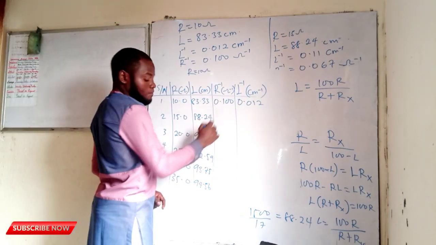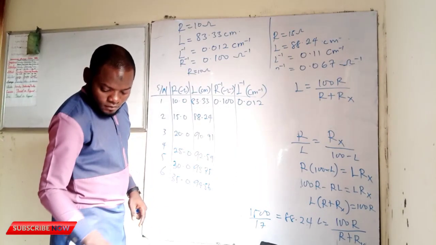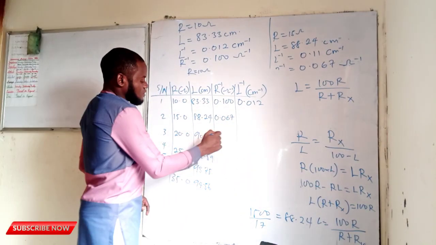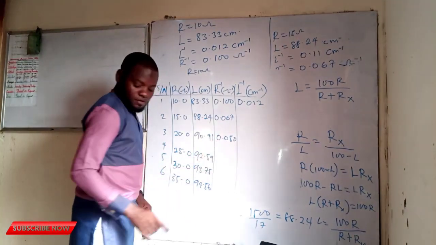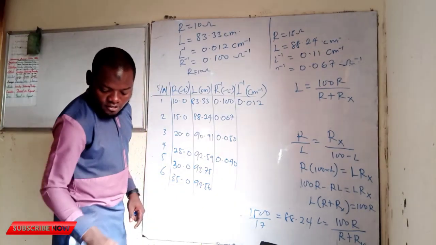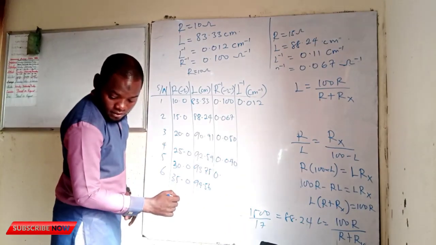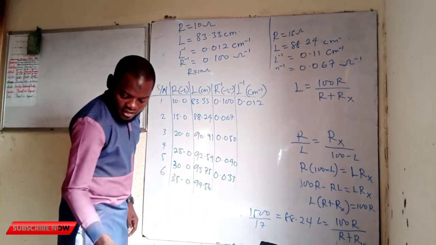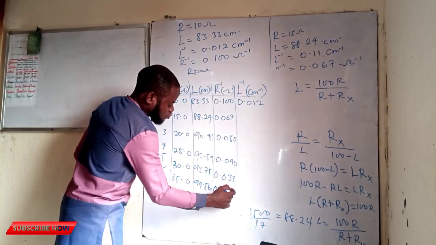So this will become 0.067, and the next one is 0.050, and the next one is 0.040. And the next one is 0.033, and the next one is 0.029.